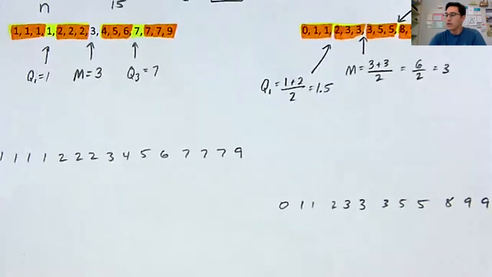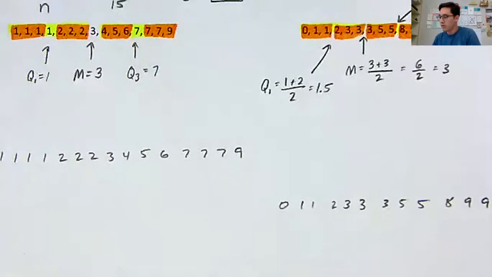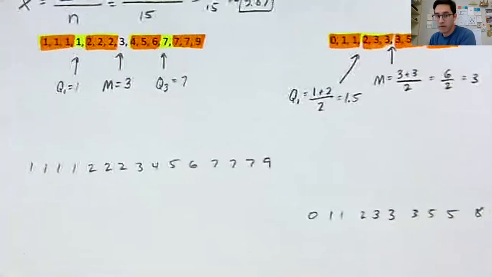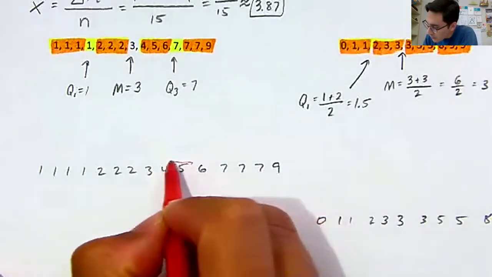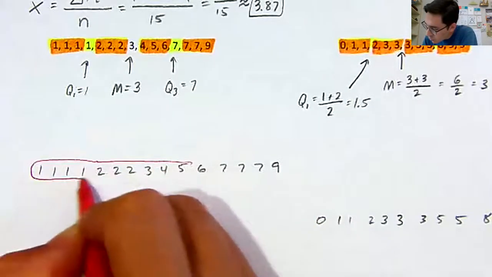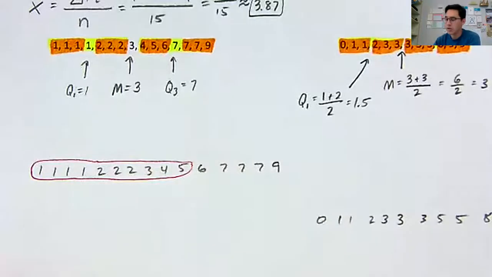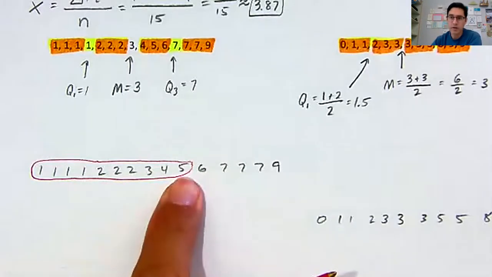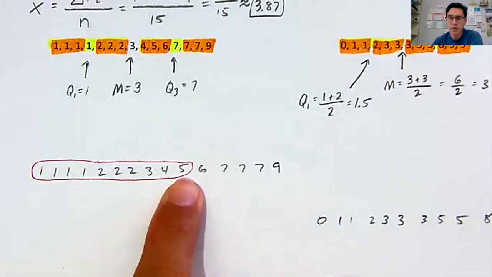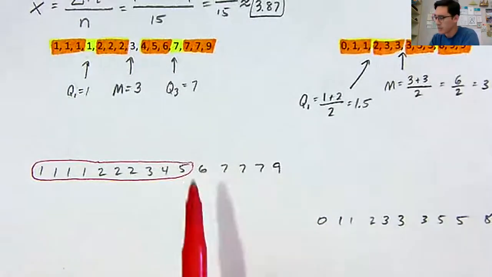All right. So what if we wanted to focus on the value 5? We can describe the position of the value 5 by writing out the percent of the data equal to or less than it. Okay.